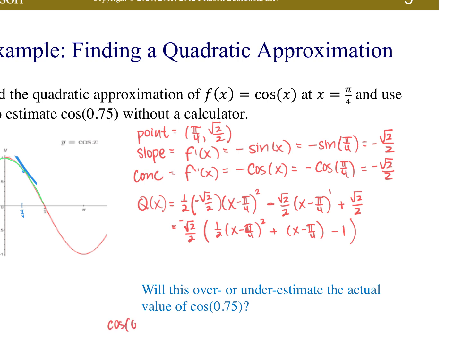Using my calculator, cosine of 0.75 is 0.731688, whereas my quadratic approximation at 0.75, when I use my calculator, is 0.731694. And so we're down to the 100,000ths of a decimal place. So the accuracy using a quadratic is incredibly close.